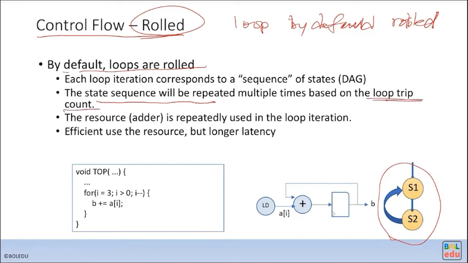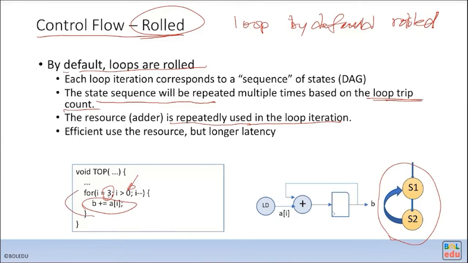Trip count, for example, for the for loop, the loop limiting number, like that's 3, that's the trip count. So the same loop will repeat that many times, and the operation resource is repeatedly used. So you can very efficiently use the resource, at longer latency.